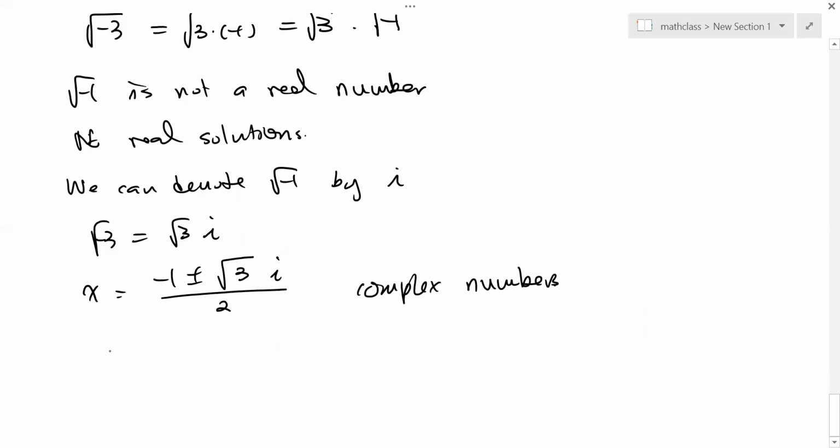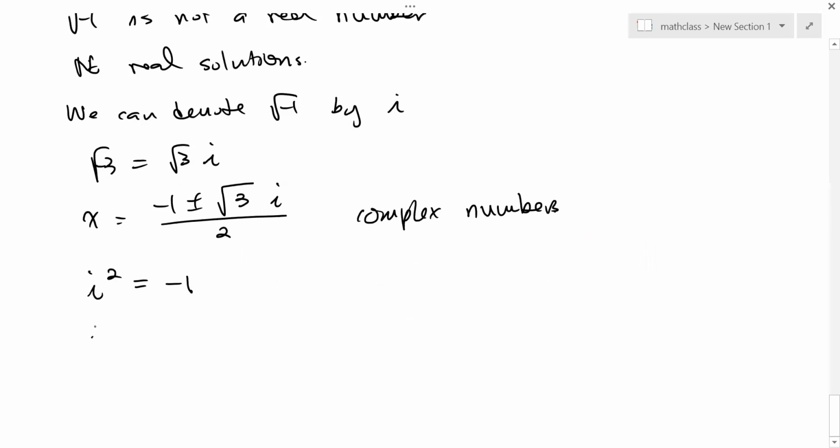i has some properties. i squared is going to be negative 1. Coming back to the real world, if you square it, you get negative 1. But i itself is an imaginary number. So i cubed is i squared times i. i squared is negative 1, so it's negative i.